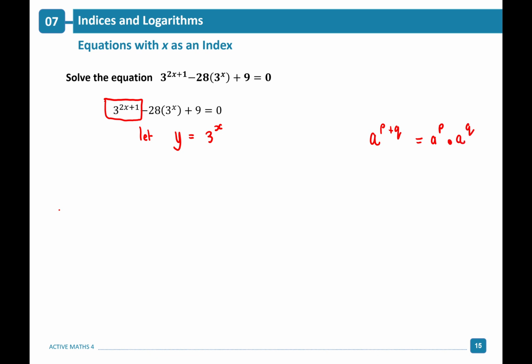When you're adding exponents together, it is the same as multiplying values that have the same base. This means that this term can be written as 3 to the power of 2x times 3 to the power of 1, all minus 28 times 3 to the power of x plus 9 equals 0.